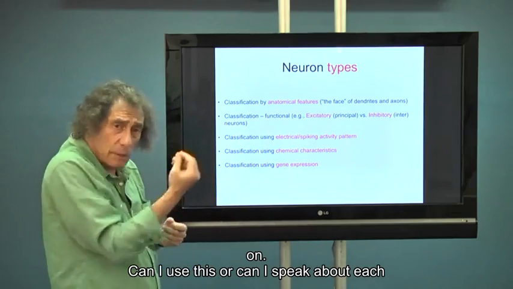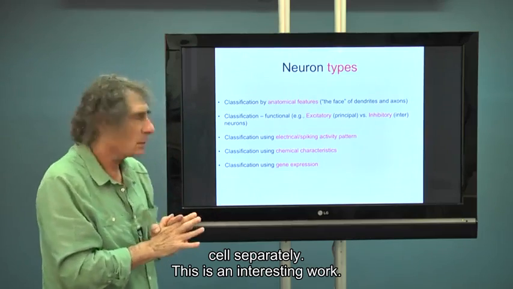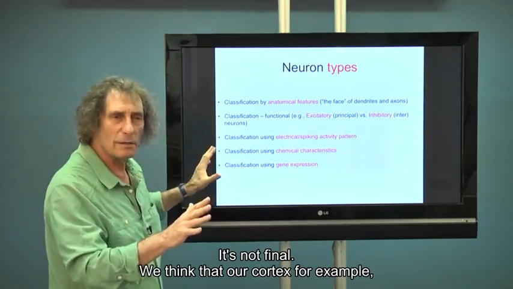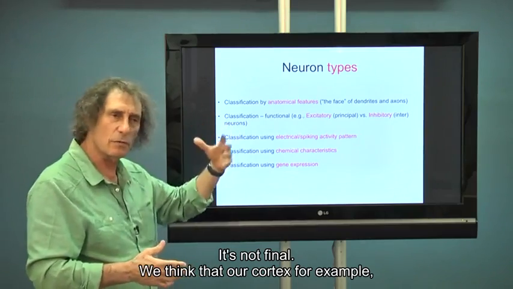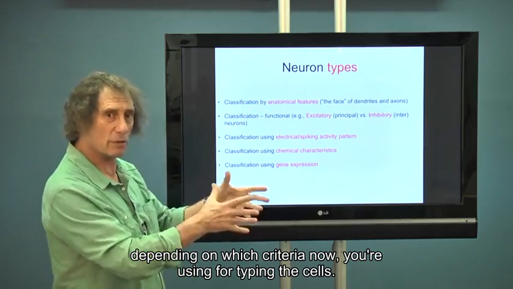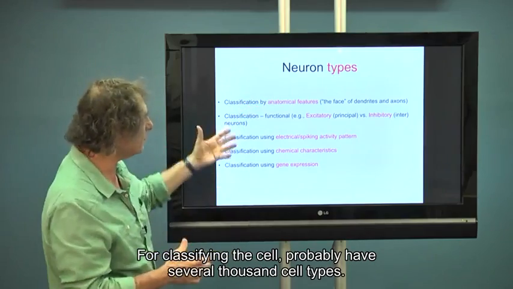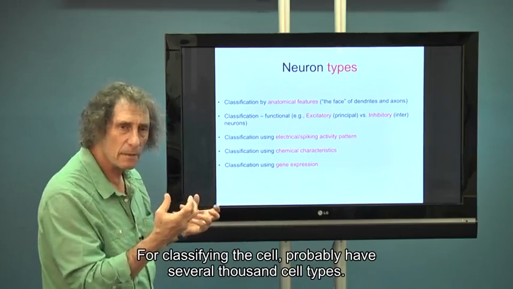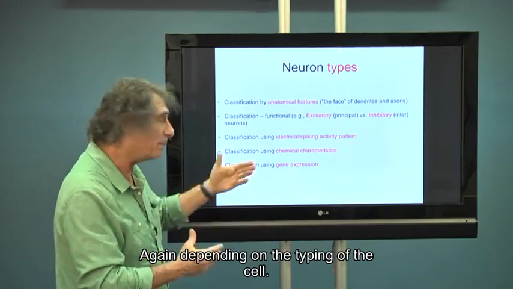Can I use this, or can I speak about each cell separately? This is an interesting work. It's not final. We think that our cortex, for example, depending on which criterion you are using for typing the cells, for classifying the cells, probably has several thousand cell types. Again, depending on the typing of the cell.